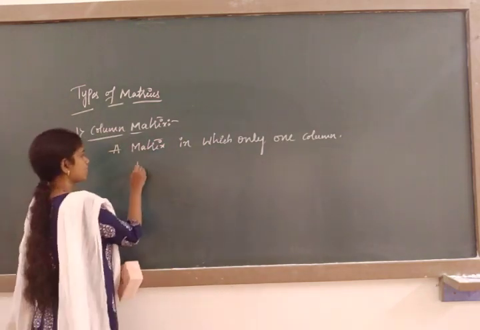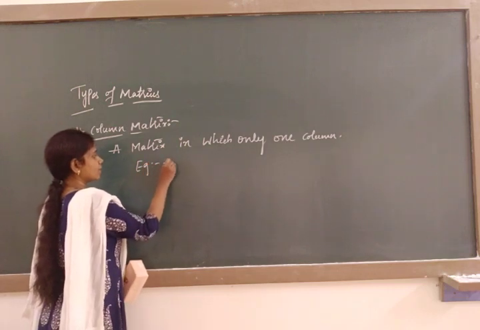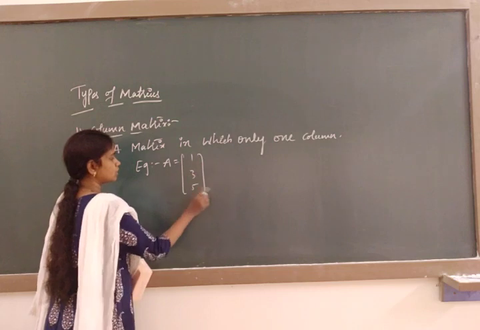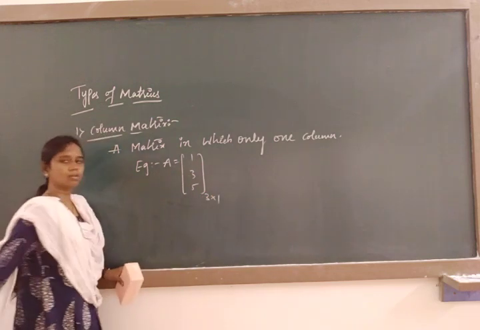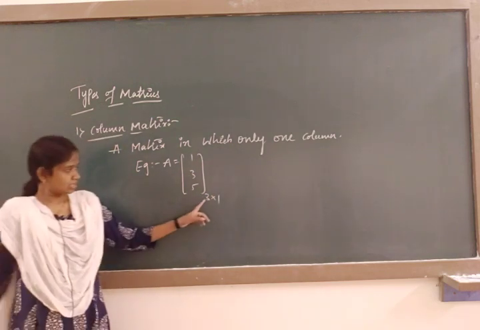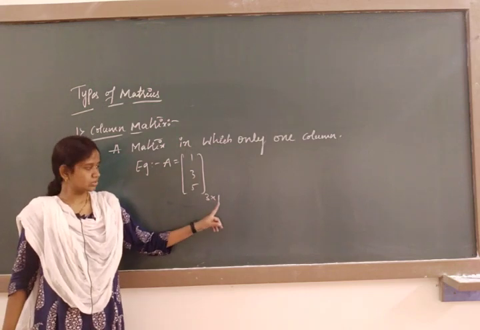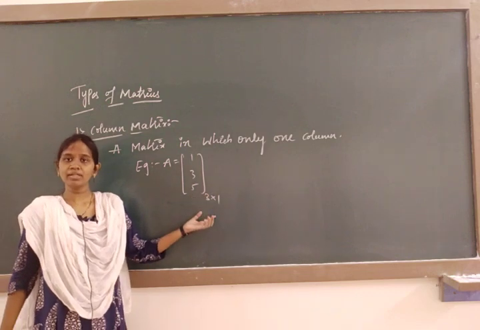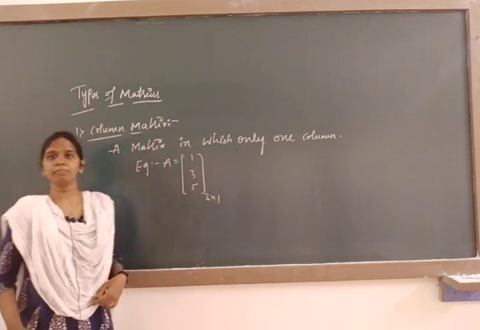Example, capital A is equal to 1, 3, 5. How many rows? 1, 2, 3. Always read the rows first, then the column. So 3 cross 1. It means the number of rows changes, but the number of columns is always 1. By taking this example, we can write the general order for a column matrix.